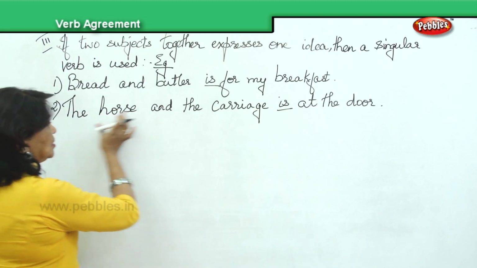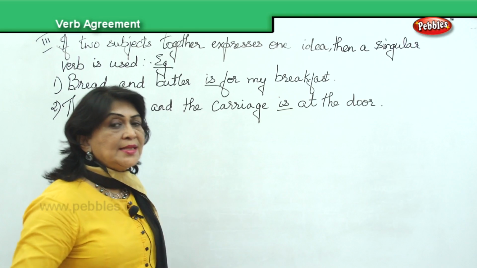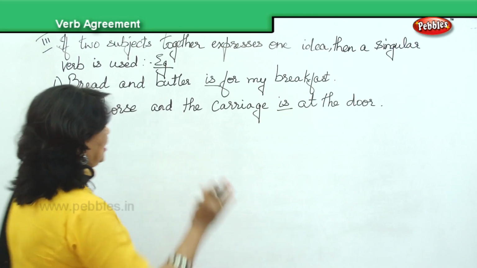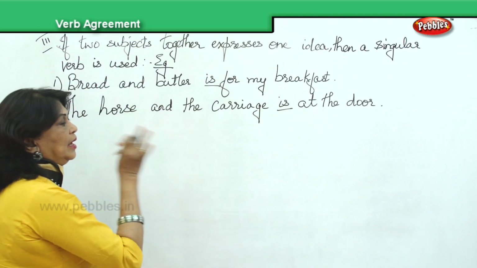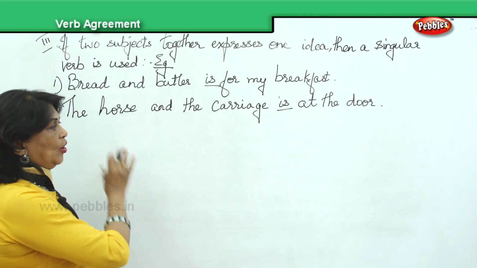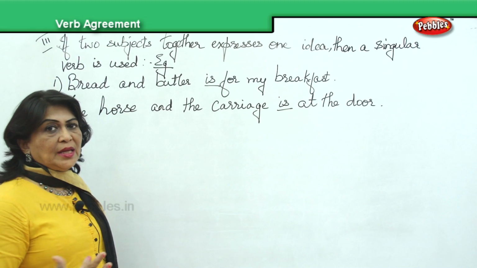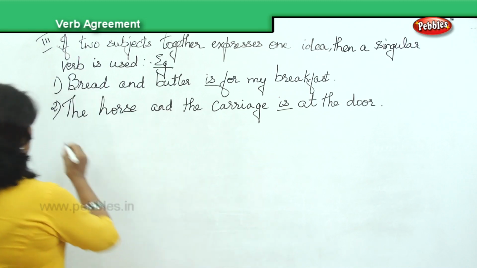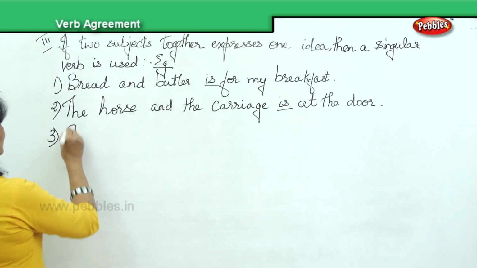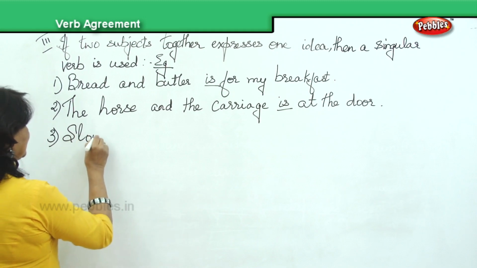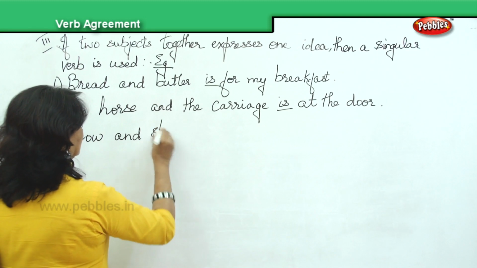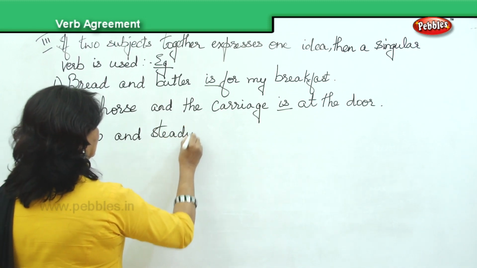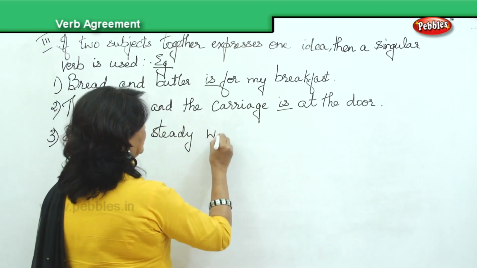So the horse and the carriage is at the door. They are two different subjects but one entity. And what is that entity? The horse carriage or the buggy. Okay, third one. Slow and steady wins the race.